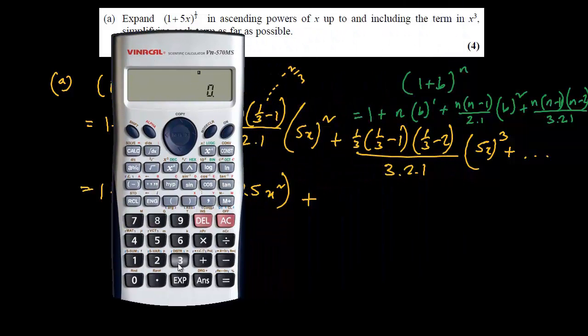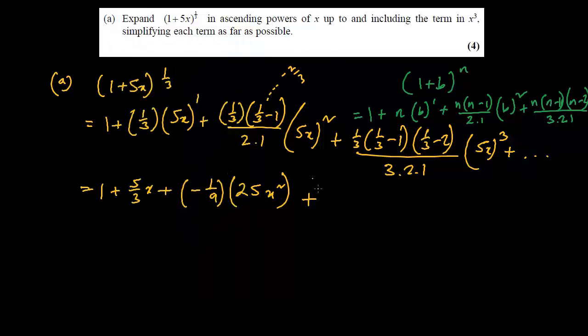So 1 by 3 minus 2 is minus 5 by 3, so minus 5 by 3. So this is going to be 1 by 9 into 1 by 3, so 1 by 3 multiplied by minus 2 by 3 and minus 5 by 3, now we have to divide this by 6, 3 into 2 into 1, and it is 5 by 81.